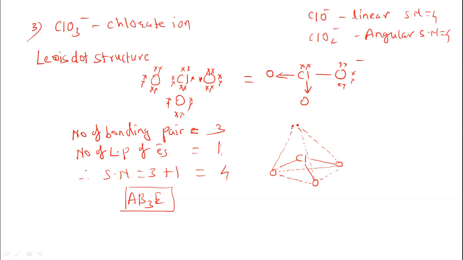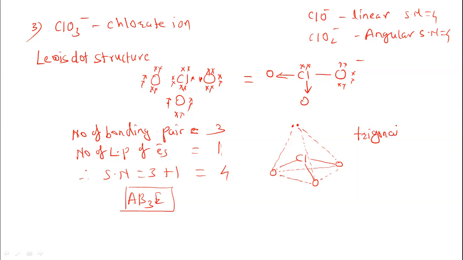Now, due to the presence of the lone pair of electrons, it distorts the geometry. Distorts means the shape of the geometry changes a little bit because there is lone pair and bond pair repulsion. As these bonds are there, lone pair bond pair repulsion takes place. Therefore, the geometry of the molecule is a trigonal pyramidal structure.